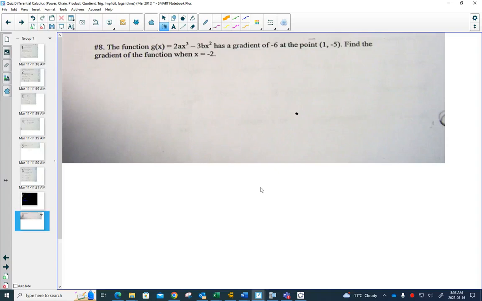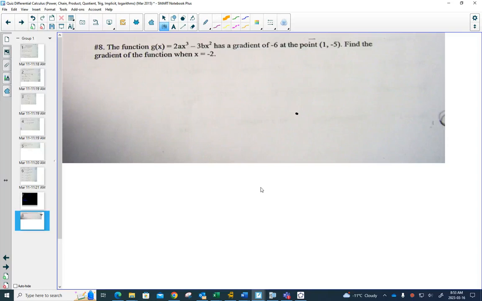A is missing and B is missing. A and B are numbers, but we don't know what they are. It tells us that it has a gradient of -6 at the point 1, -5. Then it asks us to find the gradient of the function when x is equal to -2.